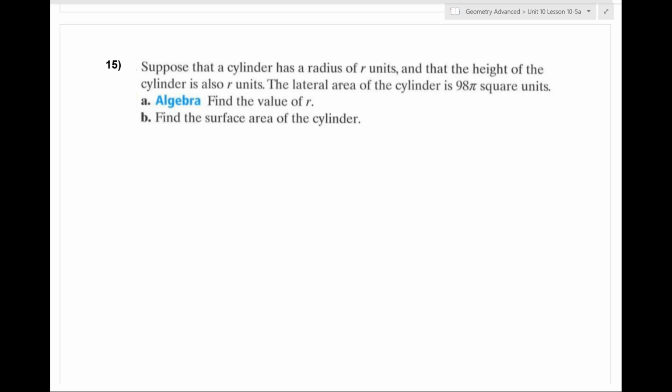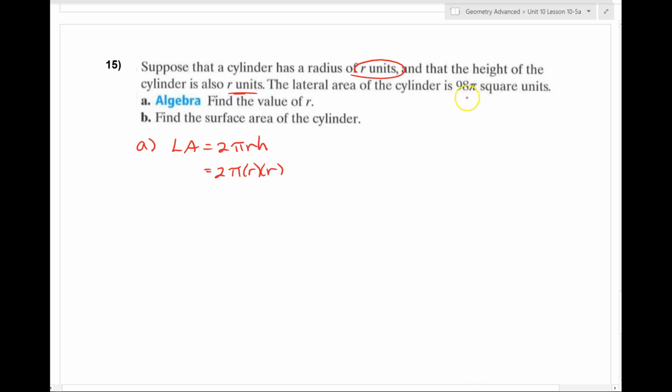Well, first of all, you need to remember a few things. For part A, we know the lateral area is 2 pi times the radius times the height. Correct? Now remember, we said the radius is r units, so that's going to stay as r. And we know the height is also r units, so that's going to go in as r.